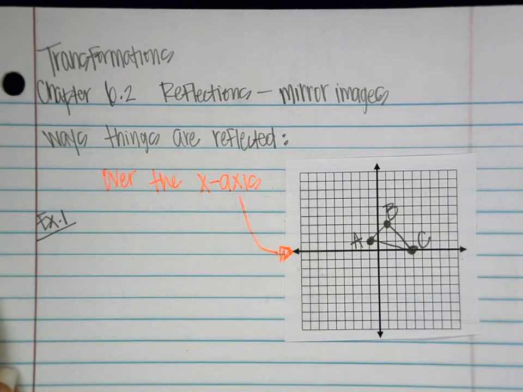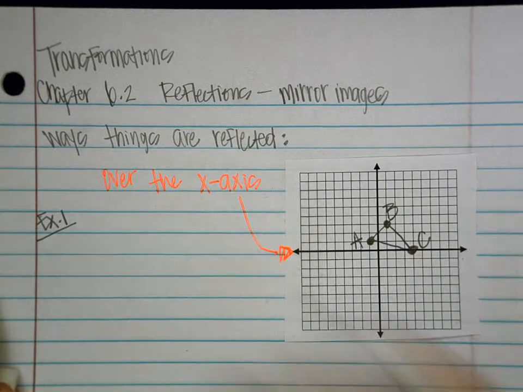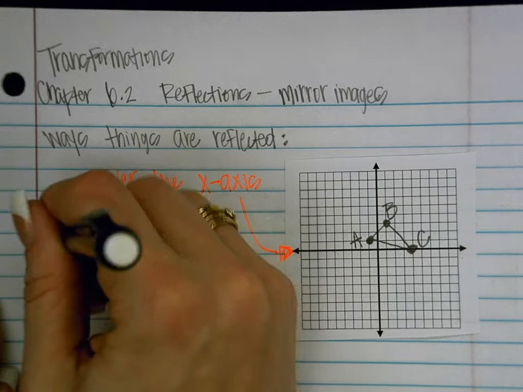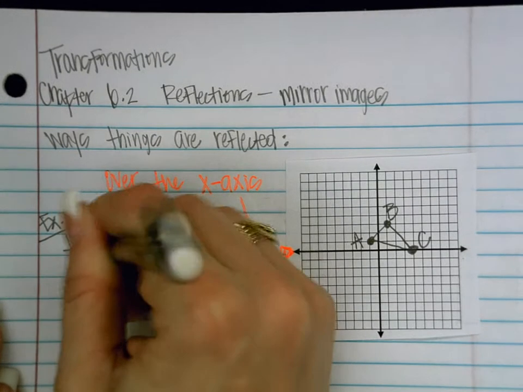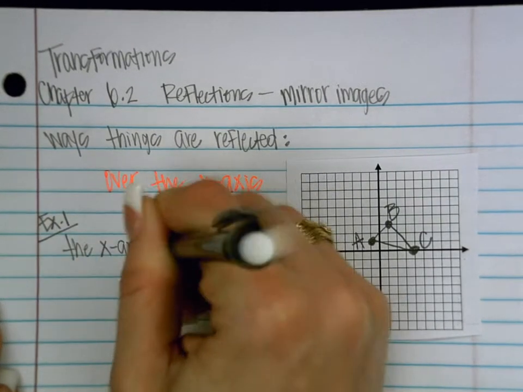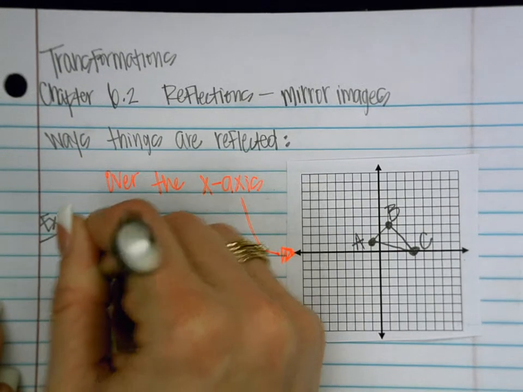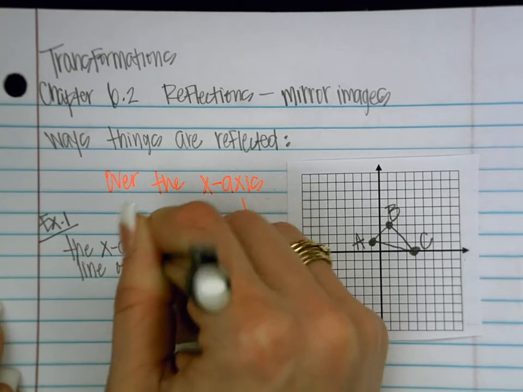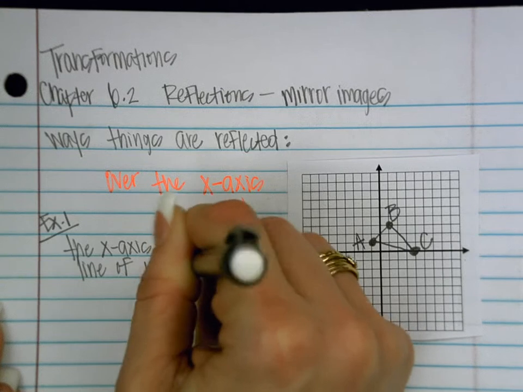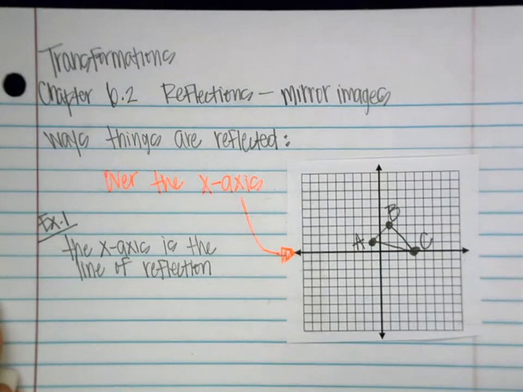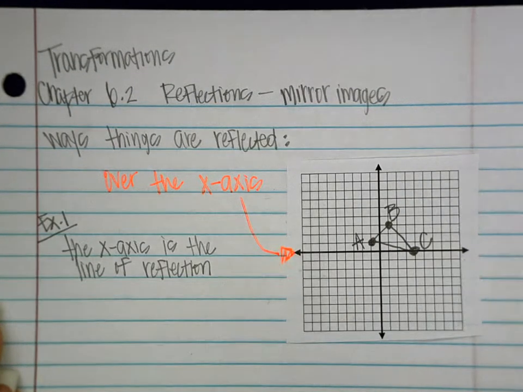The next thing, basically your instructions are going to say the x-axis is what's called the line of reflection. The x-axis is the line of reflection.